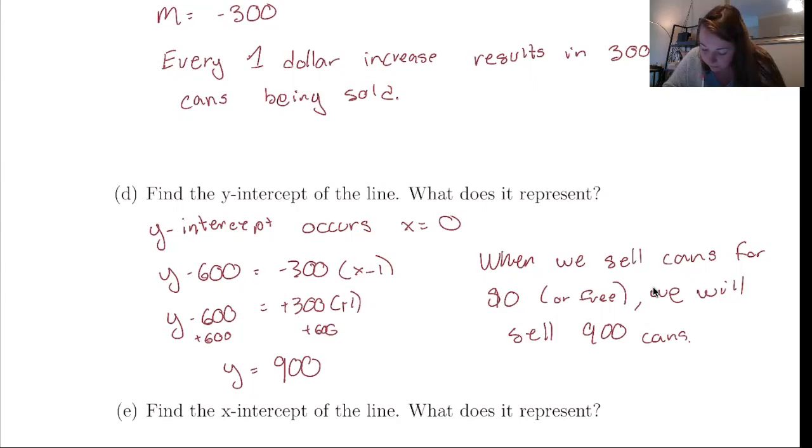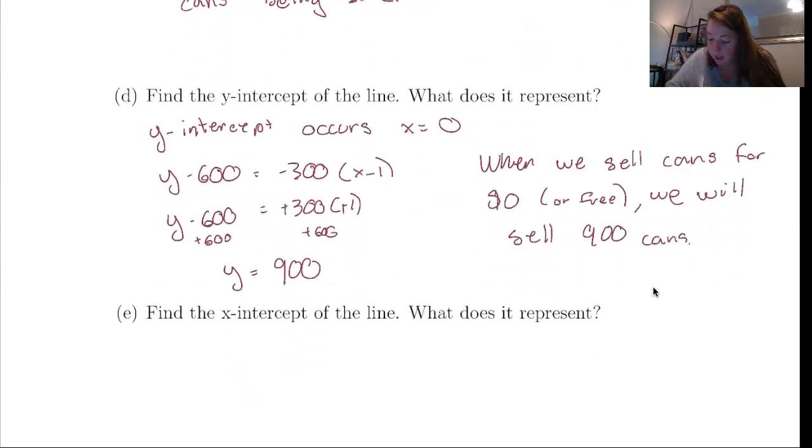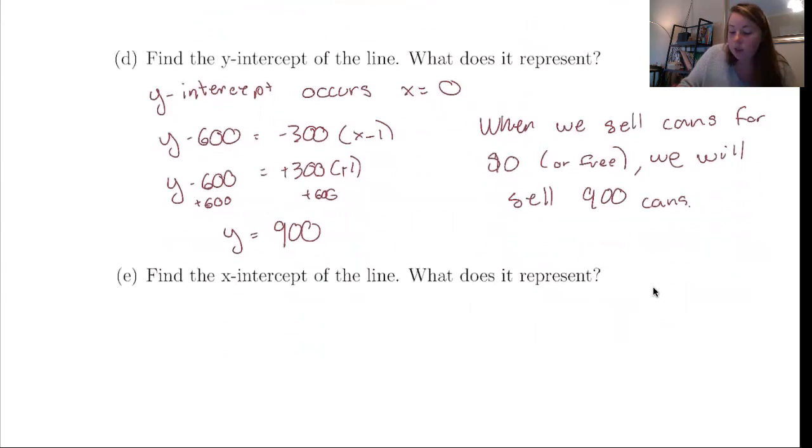Alrighty. So find the x-intercept. All right, so if the y-intercept occurs when x equals 0, the x-intercept will occur when y equals 0.